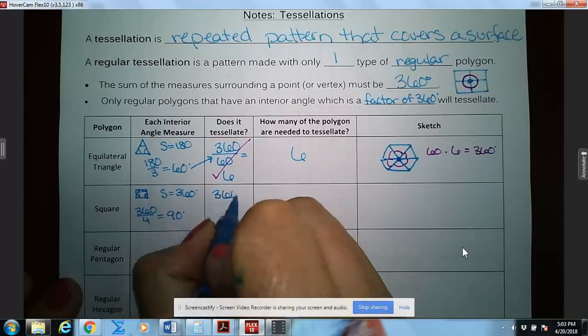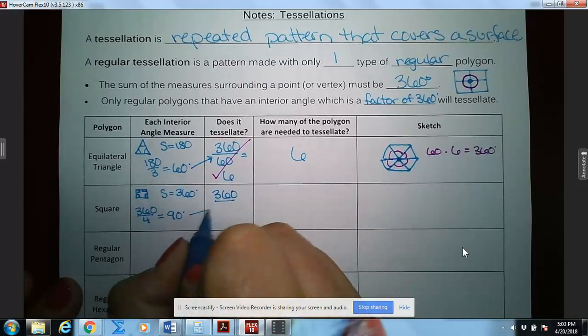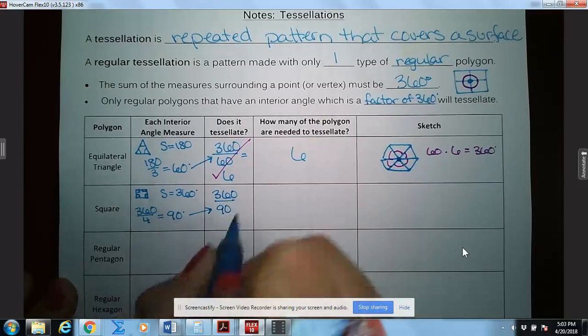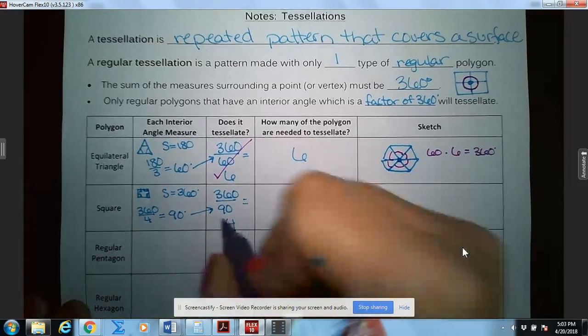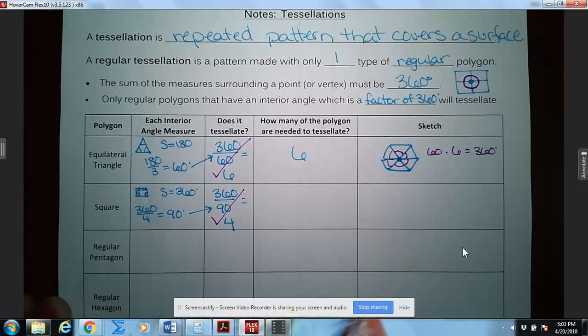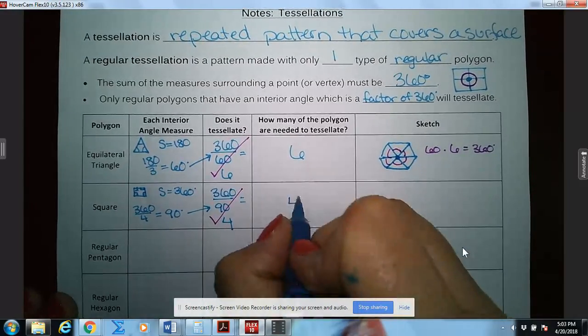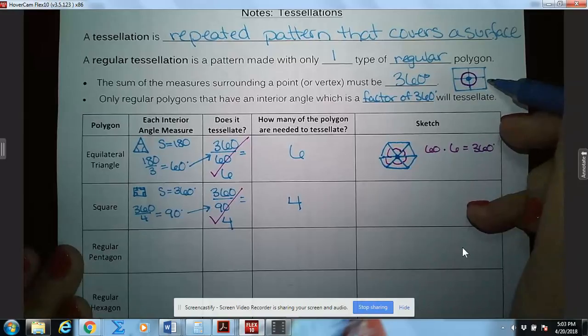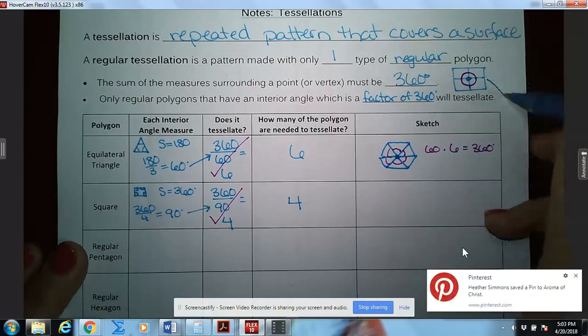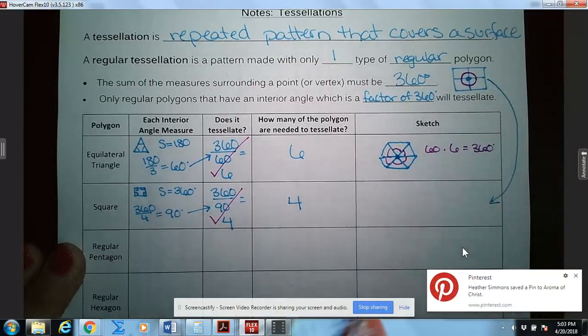Is it a factor of 360? 360 degrees divided by that 90 is 4. It is a factor. So yes, a square tessellates. It's going to take 4 squares to tessellate the plane around each given point. My checkerboard is the example.